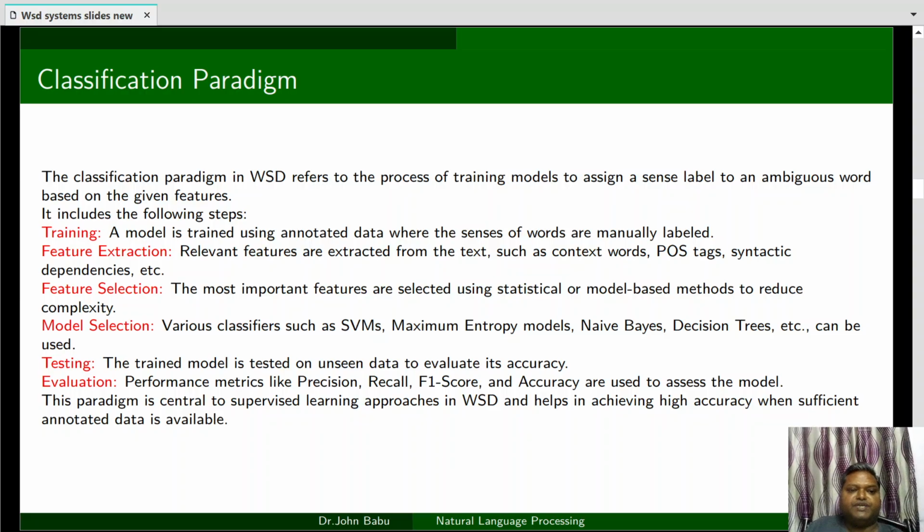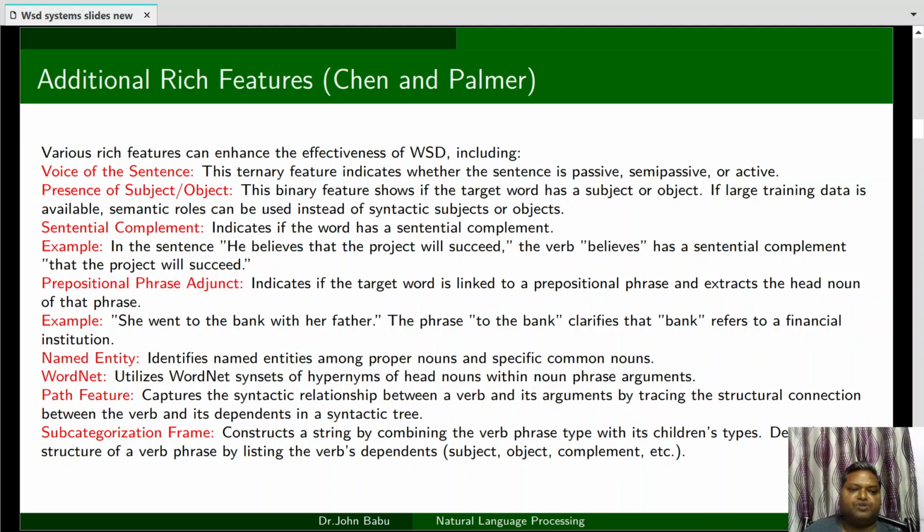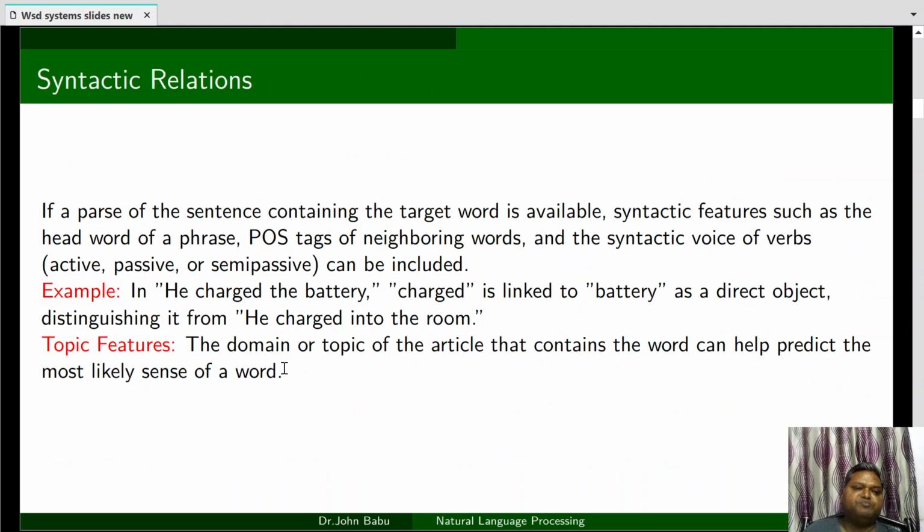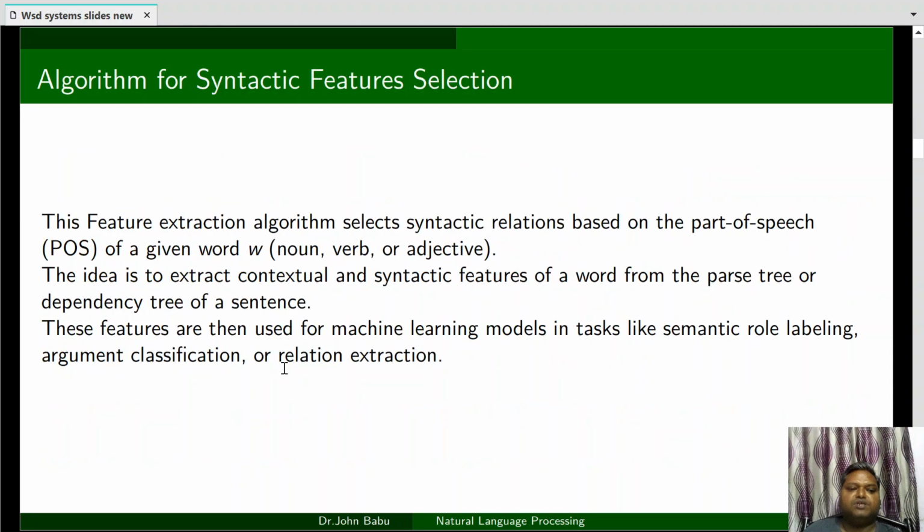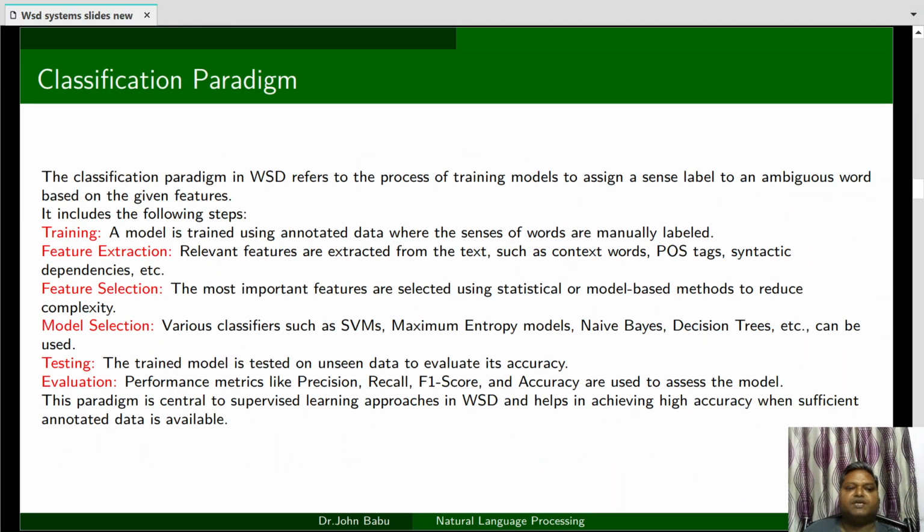Then we extract features from the text. Just now we have seen the features which are extracted: voice, presence of the subject, sentential complement, prepositional phrase, adjunct, named entity, WordNet, path features, subcategorization frame, parts of speech.